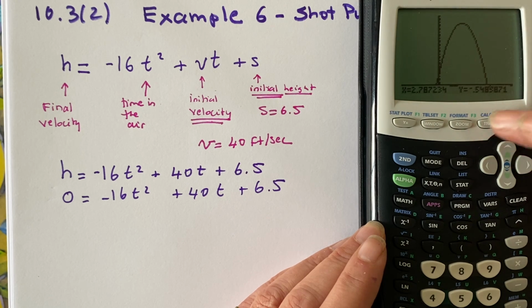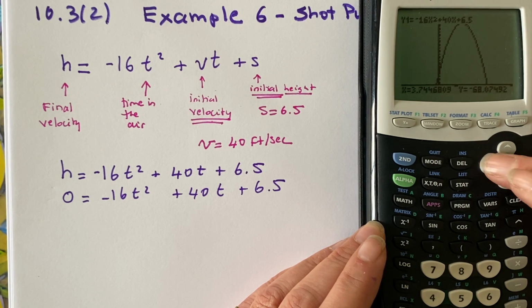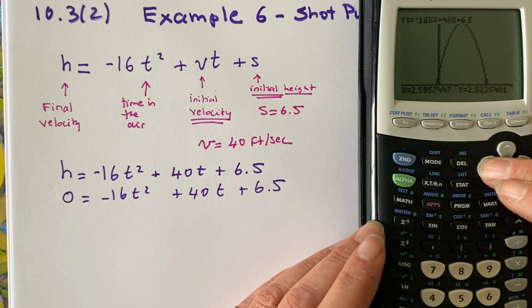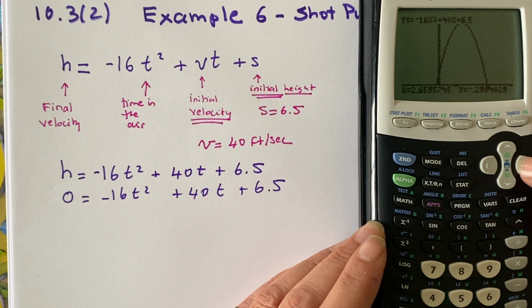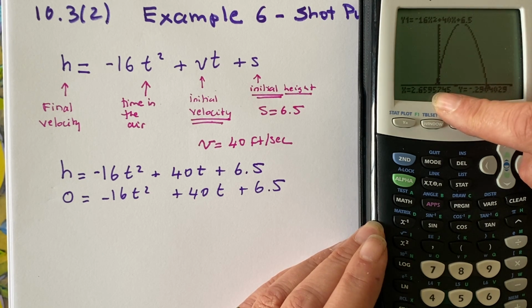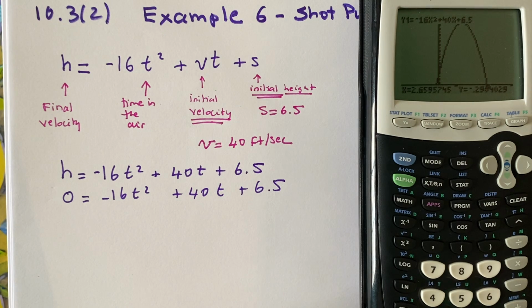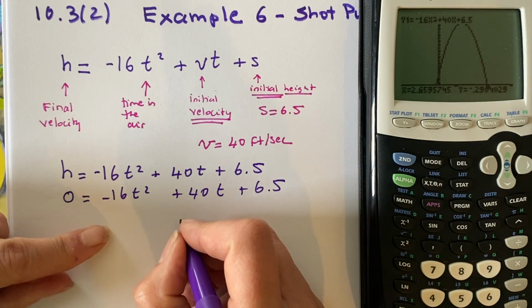All right. Oops. My trace was way below. That's why I'm bringing it back up. All right, 2.52, negative 0.29. Now I'm not going to get any closer. So this is telling me this is 2.66. The book will tell you it's about 2.6 seconds. If you wrote 2.6 or 2.7, it would be fine.